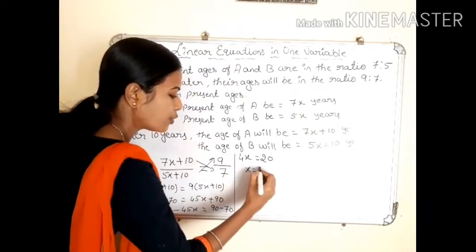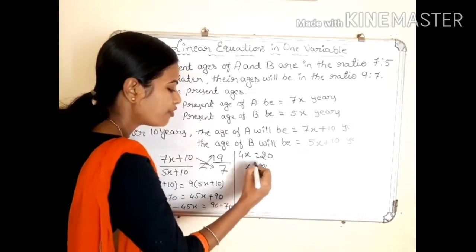Only the x value you want. 20 divided by 4, 4 fives are 20.